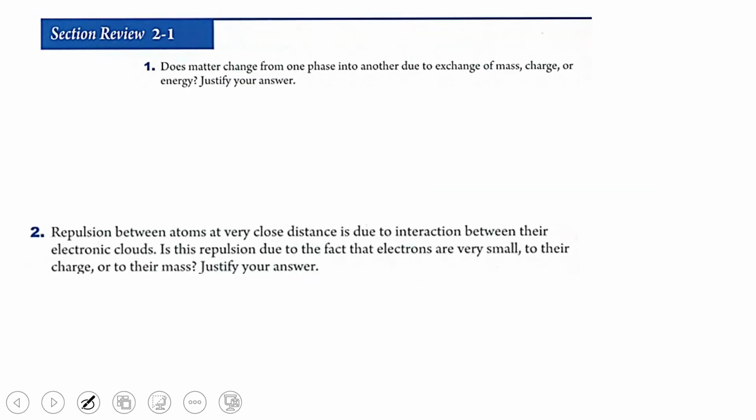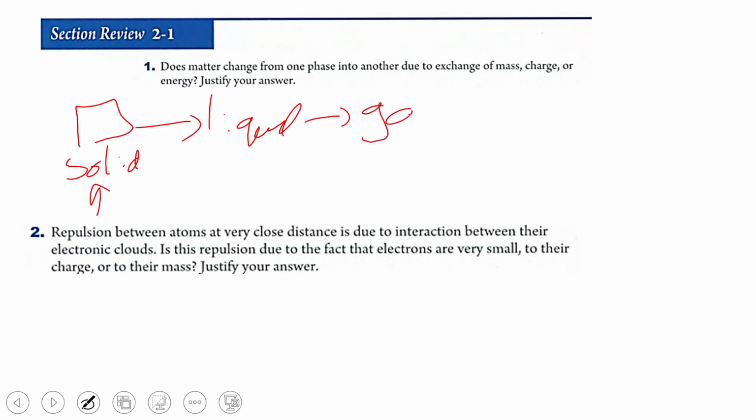Okay. Question number 1, section review. Does matter change from one phase into another due to exchange of mass, charge, or energy? Justify your answer. And guys, we studied if we have a solid state of matter, for example solid, to make it liquid you have to give it heat, thermal or mechanical, then liquid to gas.